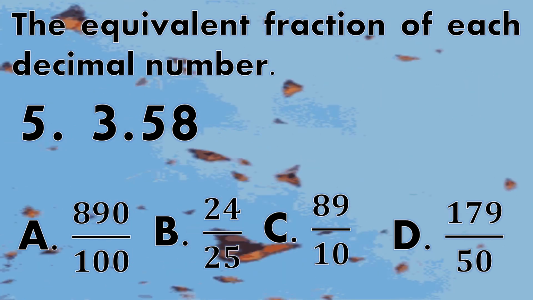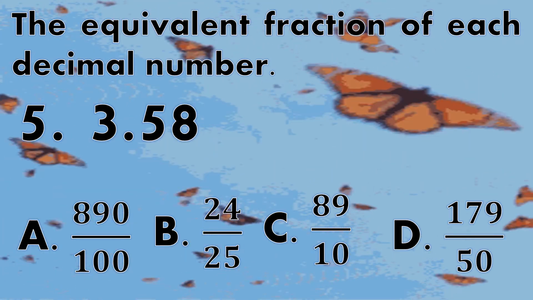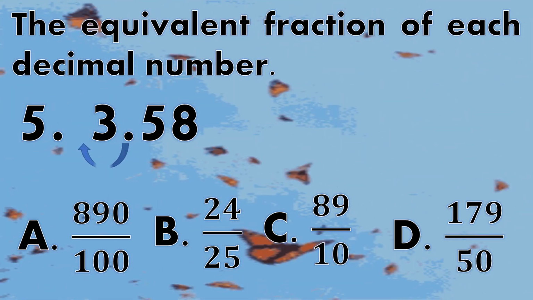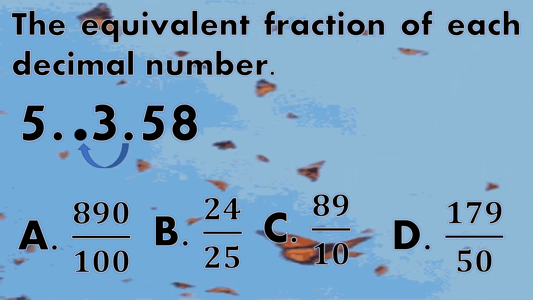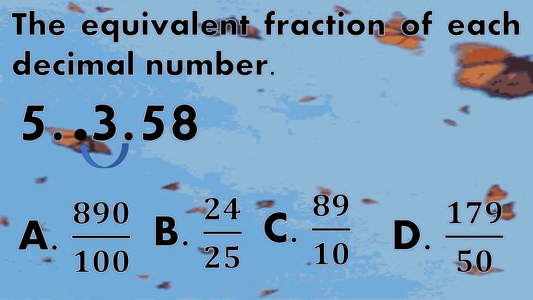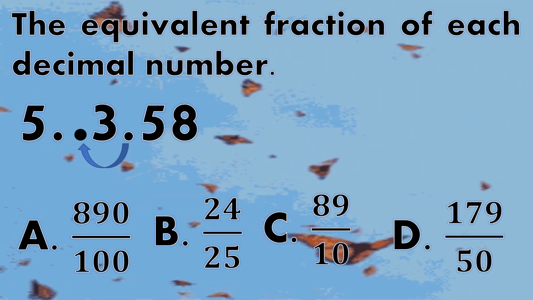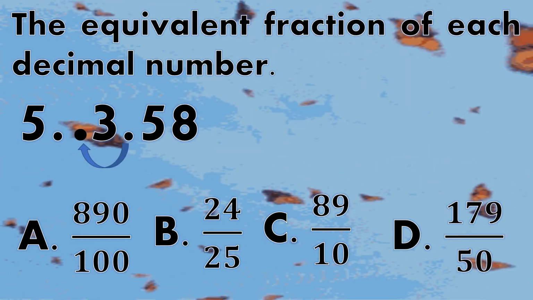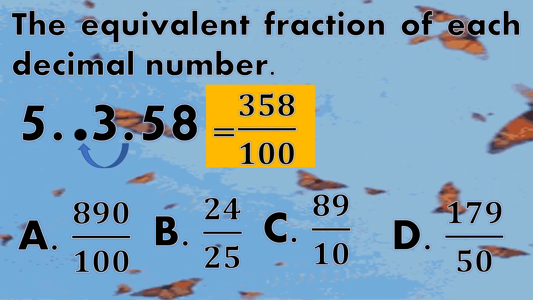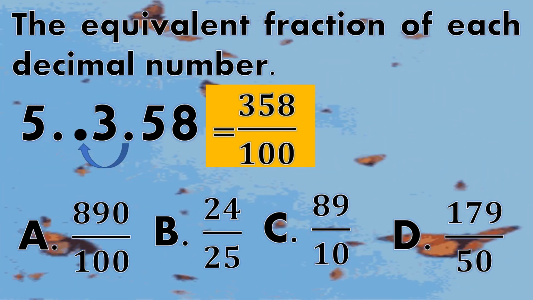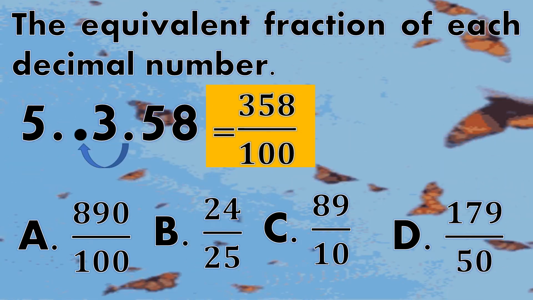Okay, so let us simplify like what we did in number 4. Just move the decimal point from right to left. Okay. Next, so we now have 358 over 100. Why 100?